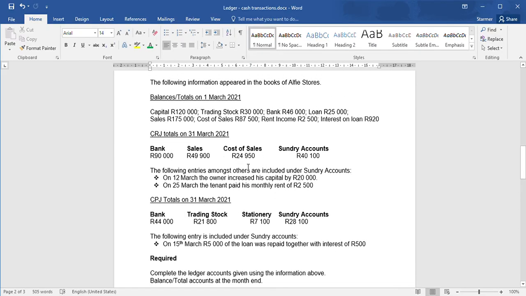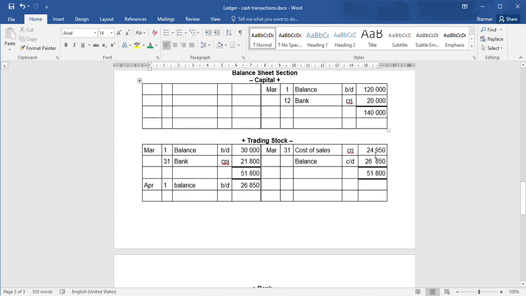The first thing you need to do is ask yourself, what is happening here? Now if you sell stock, your customers are taking that stock out of the business. So the first thing you must understand is that trading stock is decreasing because you've sold. So the 24,950 will go on the minus side, and that is your cost of sales amount here.